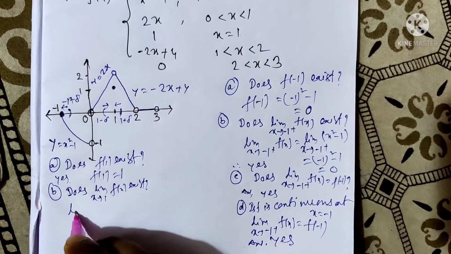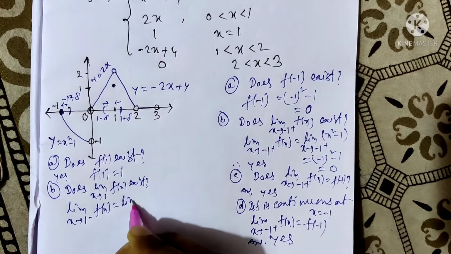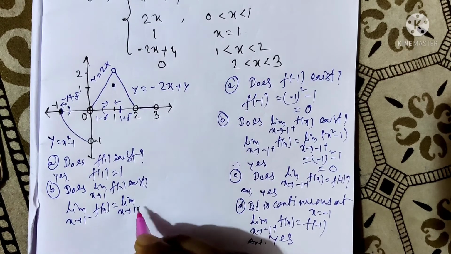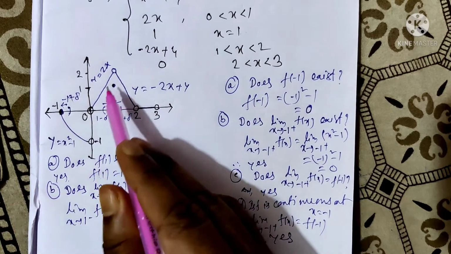So the limit as x tends to 1 minus of f(x) equals the limit of 2x, which equals 2 from this side.